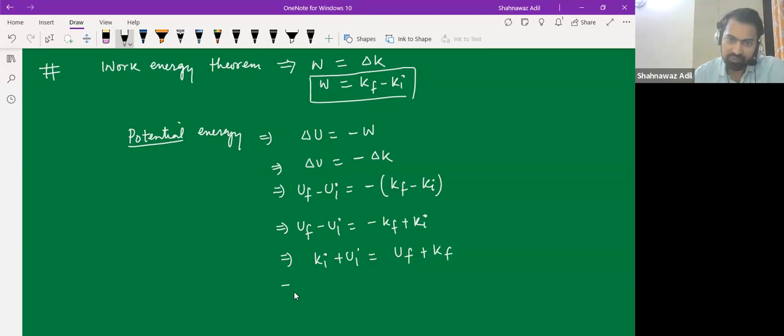right? So what is kinetic energy plus potential energy? That is the total energy, right? So the total initial energy would be equal to the final energy. So this says about the conservation of energy.